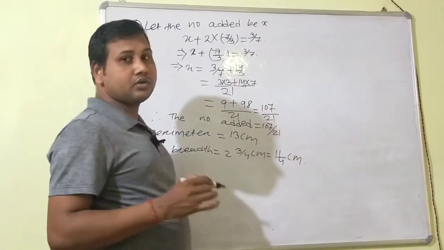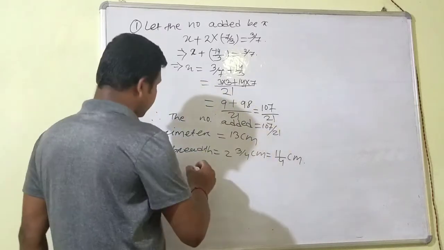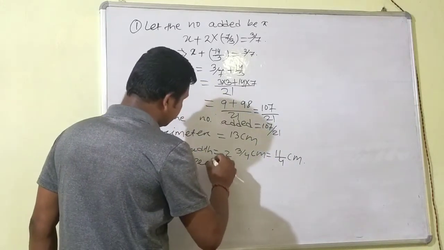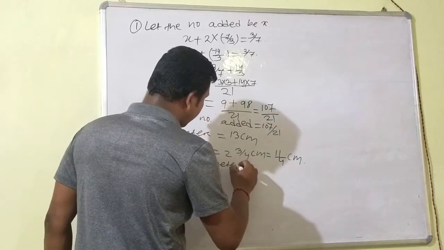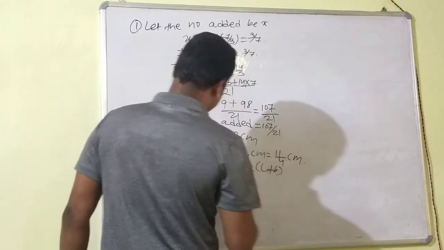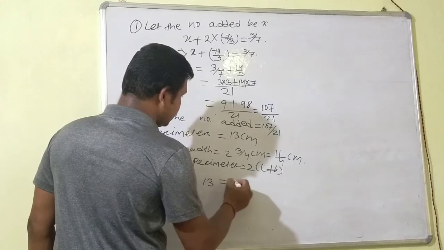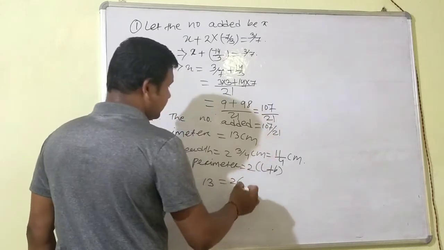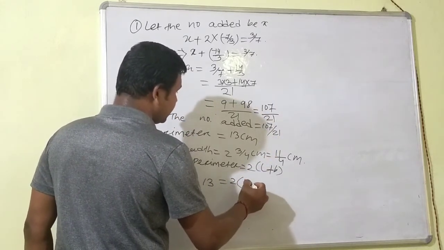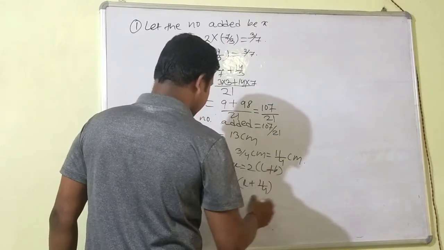Now we have to find out the length. We know the perimeter formula of a rectangle, that is perimeter equal to 2 times length plus breadth. So the perimeter value is 13, which is equal to 2 times length, which we don't know, let it be L, plus breadth 11 by 4.